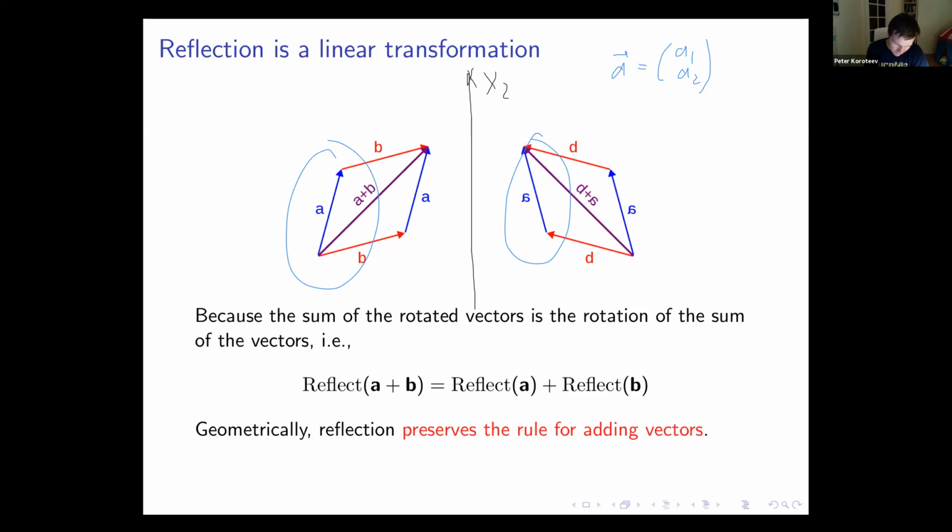I should call this by a different name. Let's call it S. So S relative to x2, acting on A1, A2, should be equal to negative A1, A2. What is the matrix then?